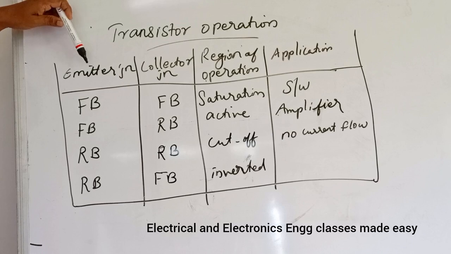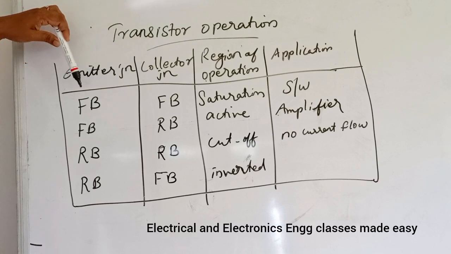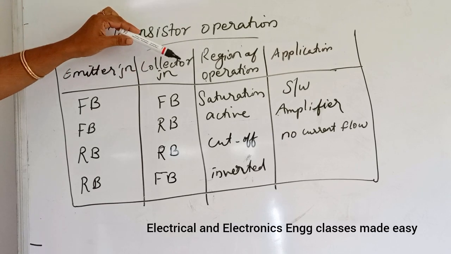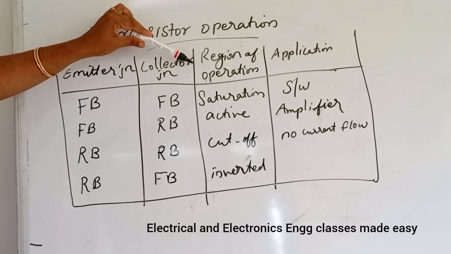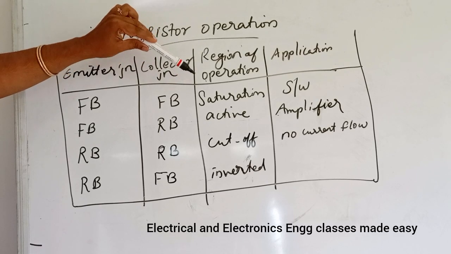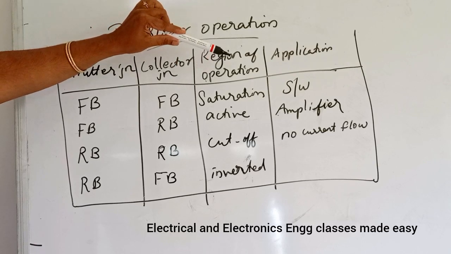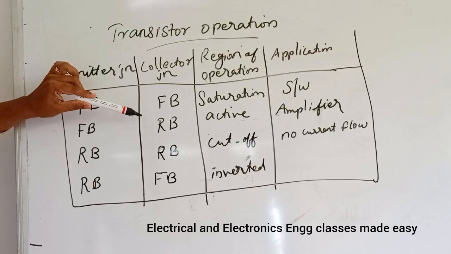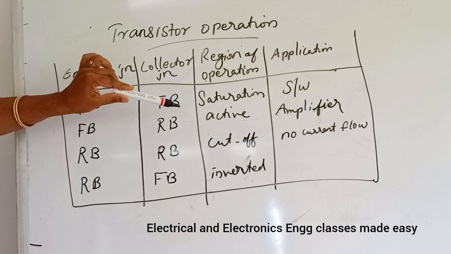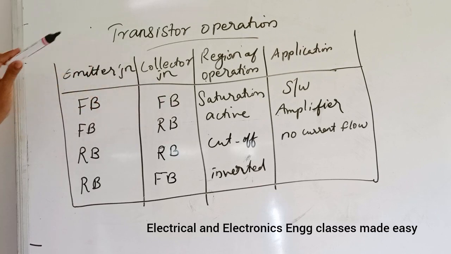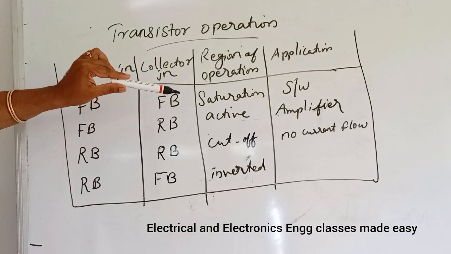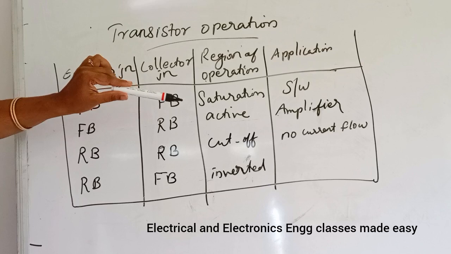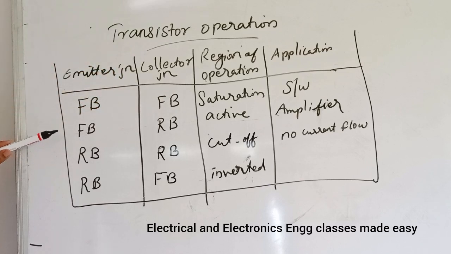If the emitter junction and collector junction are forward biased, then the region of operation of the transistor is called saturation, and the transistor acts as a switch in this region. Next, if the emitter junction is forward biased and collector junction is reverse biased, it is called active region of the transistor, and the application is the transistor acts as amplifier in this region.